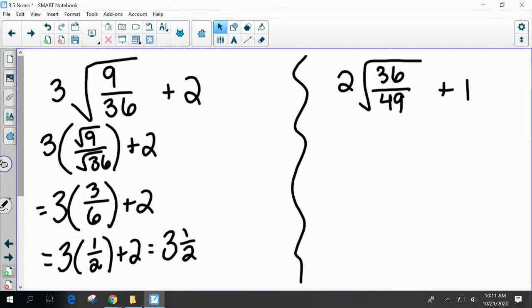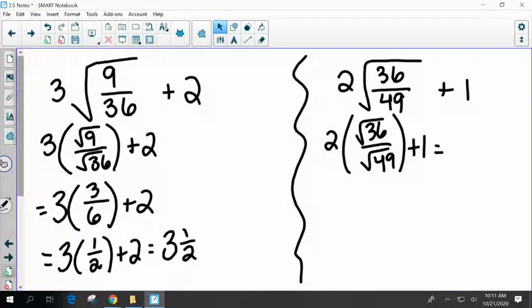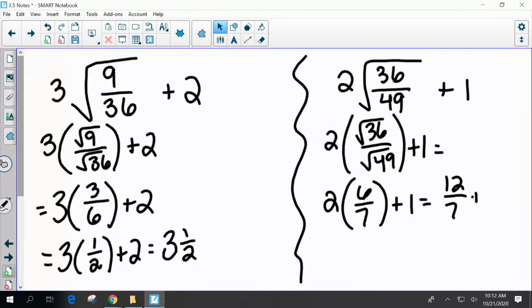Okay, so if I go through this and I separate my square roots, so I have square root of 36 over square root of 49 plus 1. So that is 2 times 6/7 plus 1. So that would be the same thing as 12/7 plus 1, which would be 2 and 5/7.